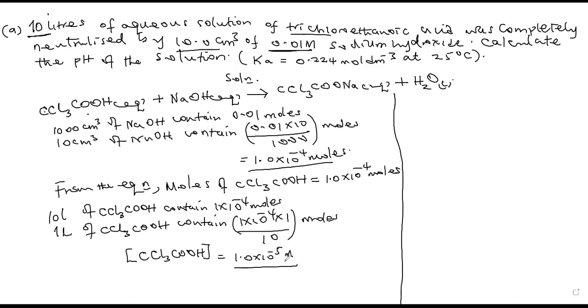Now, after getting these moles, remember from this equation we have written, we can get the expression for Ka, because this is a weak acid, and when a weak acid dissociates, we get a weak acid dissociation constant. So from the equation here, we shall get Ka, which is equal to, why am I saying Ka? We have a weak acid involved.